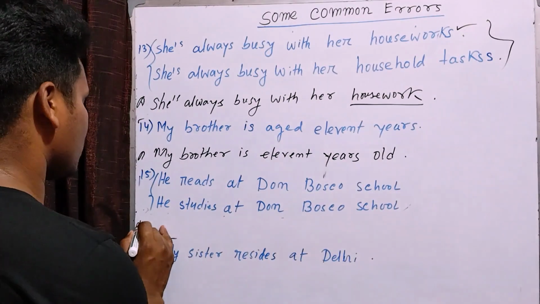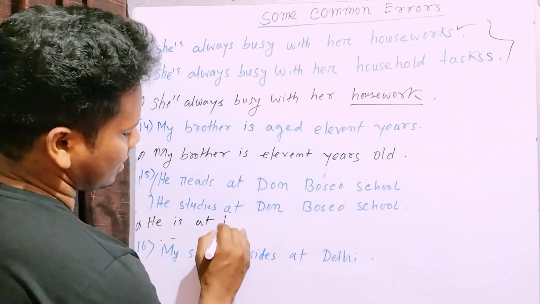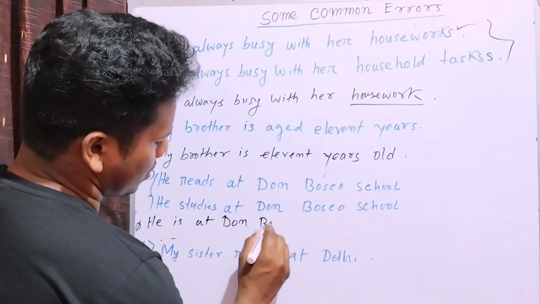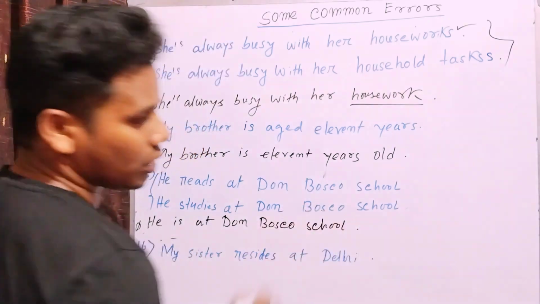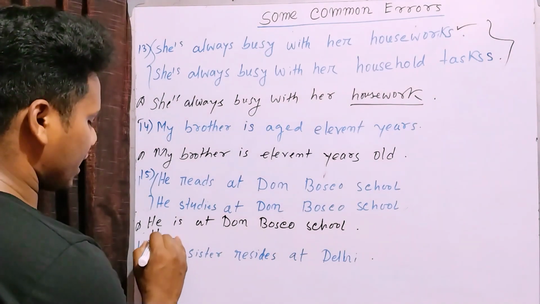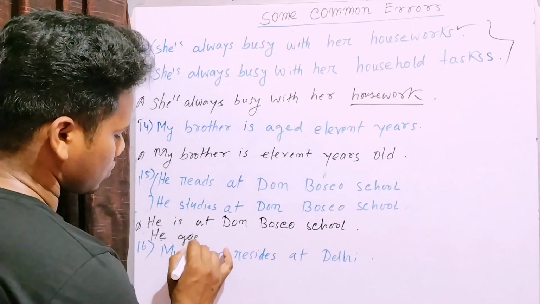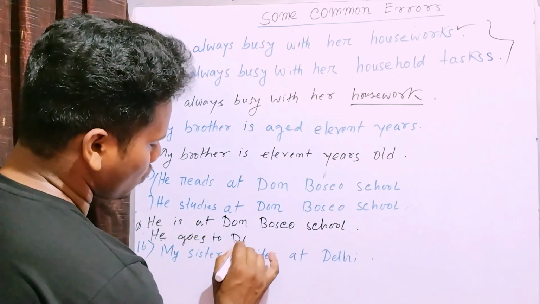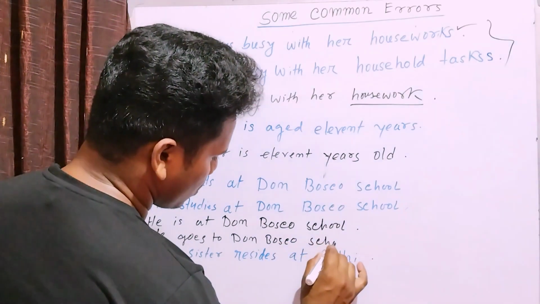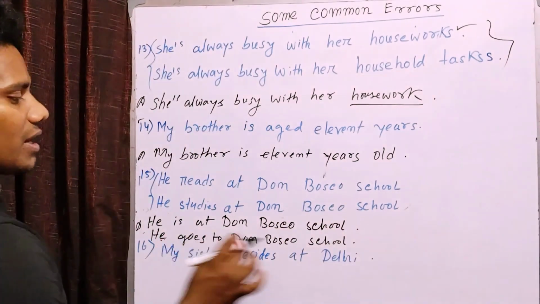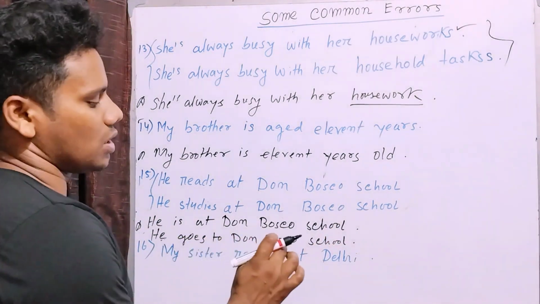Right one will be: he is at Don Bosco School, or he goes to Don Bosco School. Both are correct.